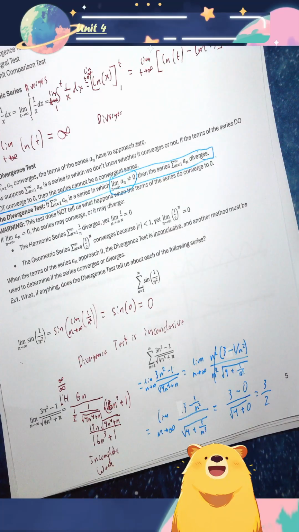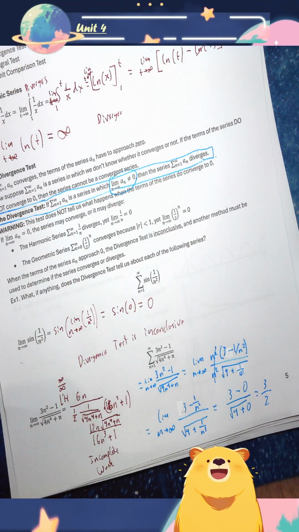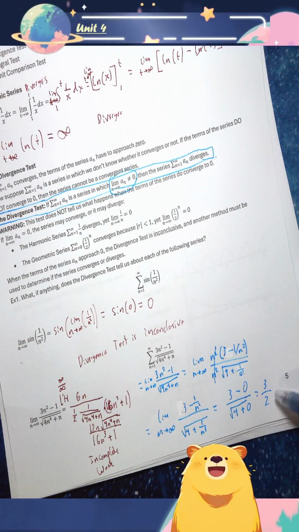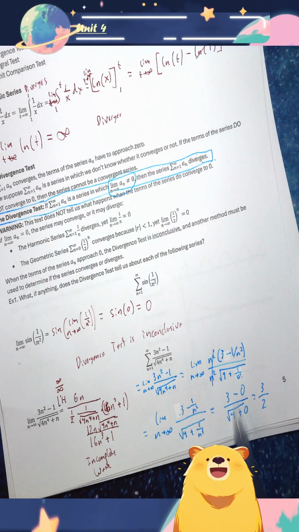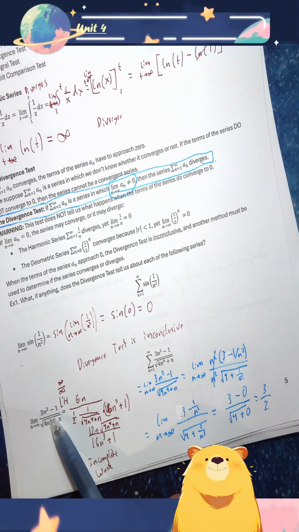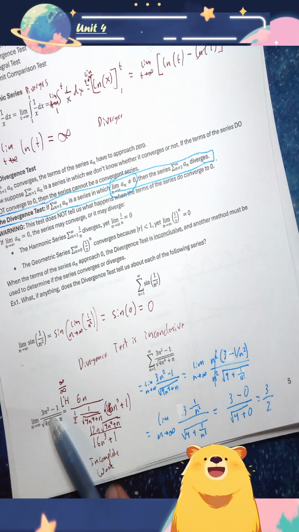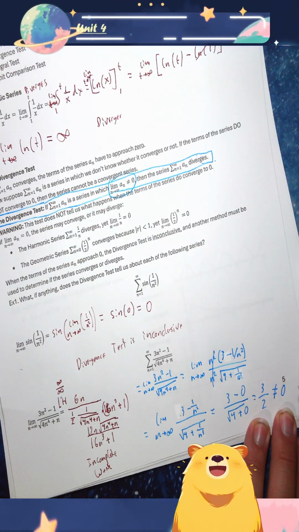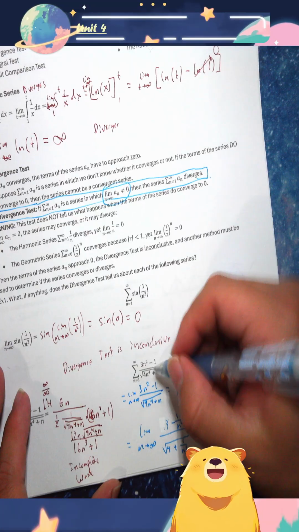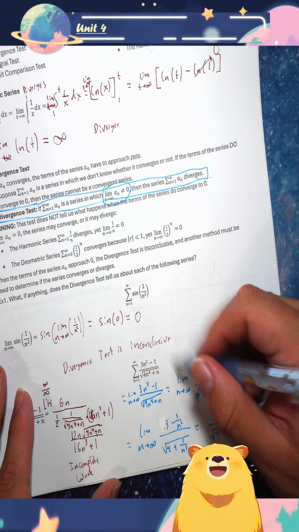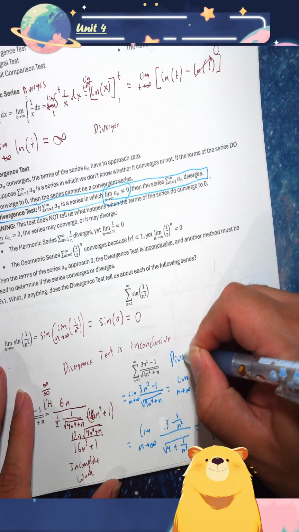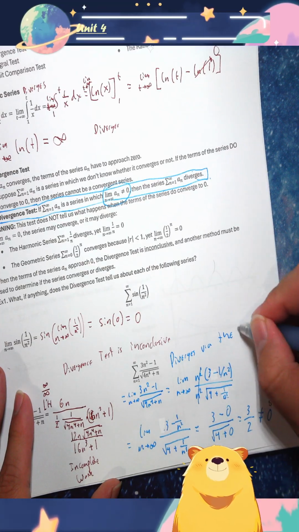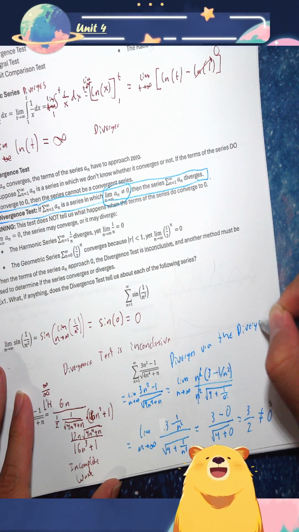Now, at the end of the day, what this tells us specifically is that because the limit of this, not the sum, does not equal 0, it's safe to say that this series diverges via the divergence test.